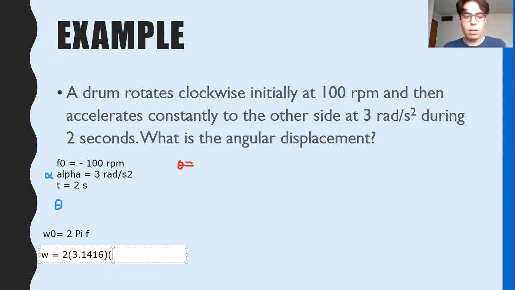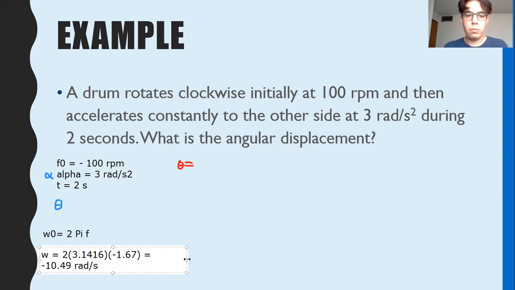And the frequency is going to be 1.6 revolutions per second, because we divided the 100 by 60 to get revolutions per second instead of revolutions per minute. And don't forget to include the negative sign. So that is going to be 2 times 3.1 times 1.6, it's going to be negative 10.49. And this is going to be radians per second.